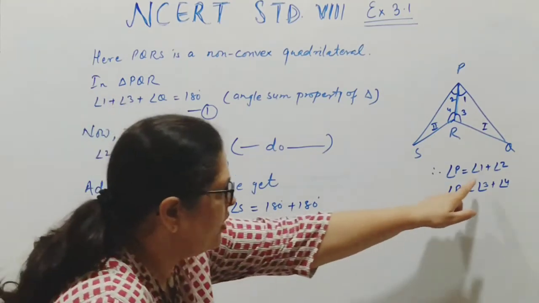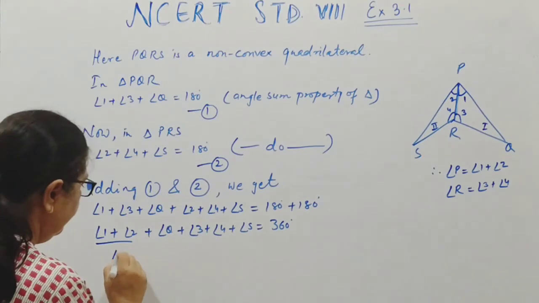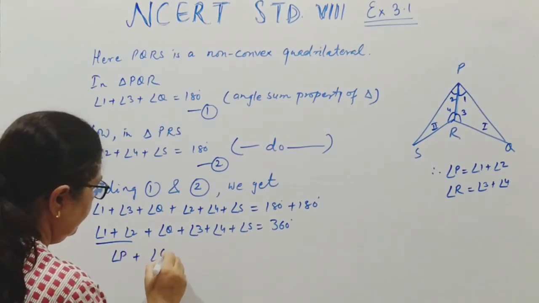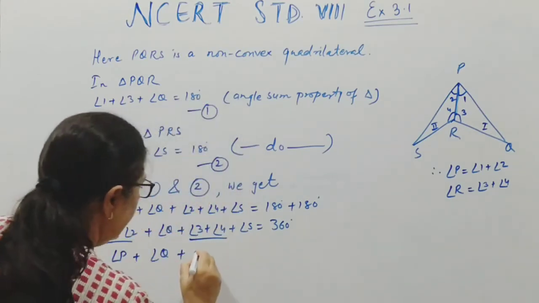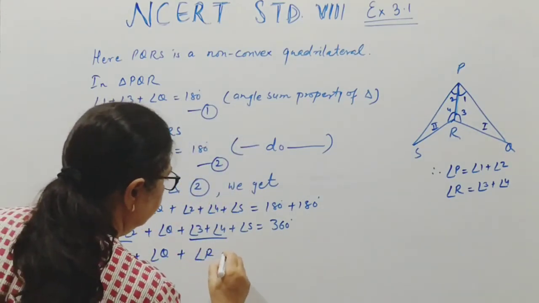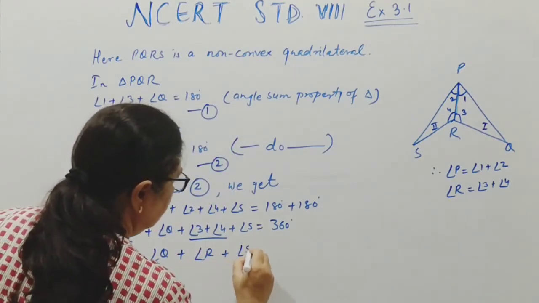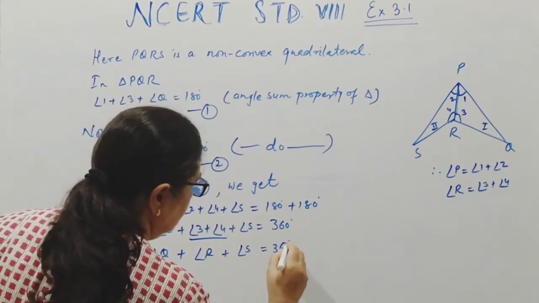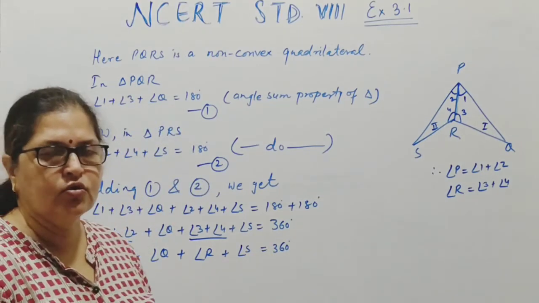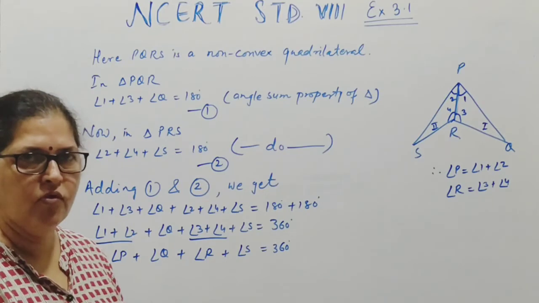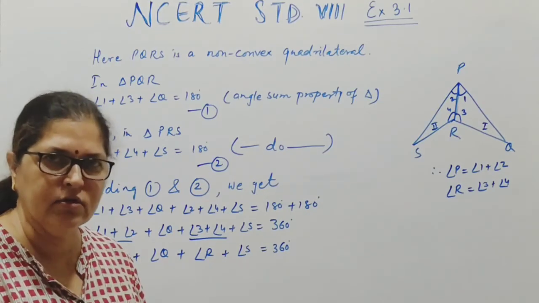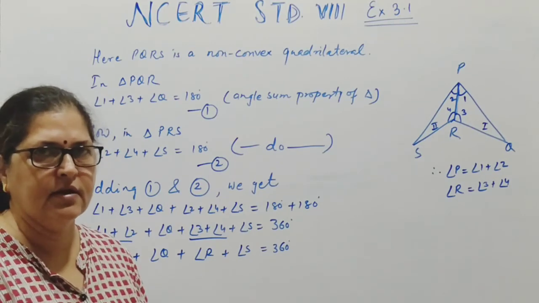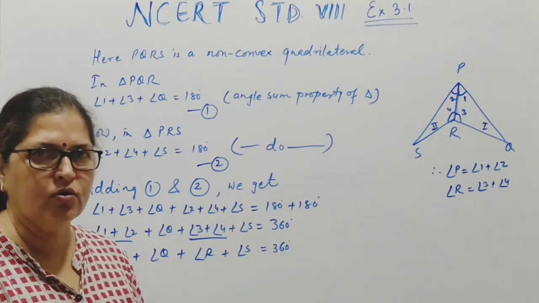Angle 1 and 2 together make angle P. Angle 3 and 4 together make angle R. So here also we have proved that the sum of all the four angles in a non-convex quadrilateral is also 360 degrees. This is what we wanted to prove.